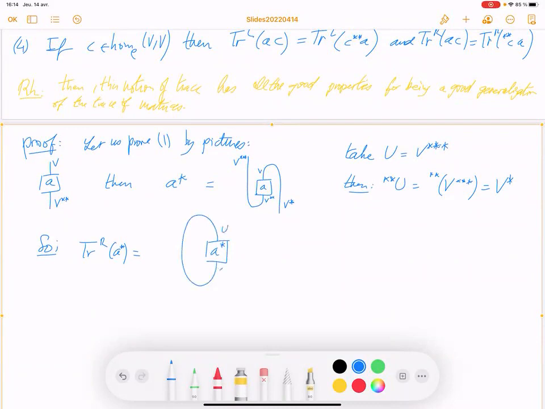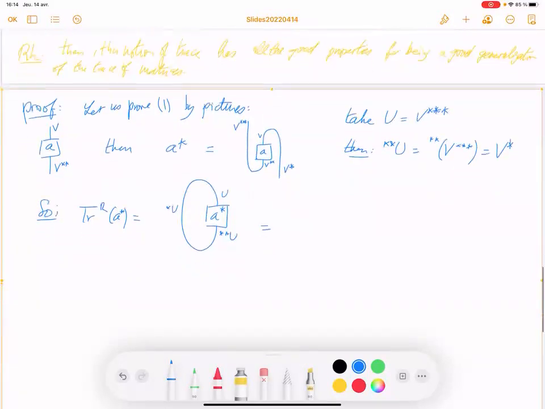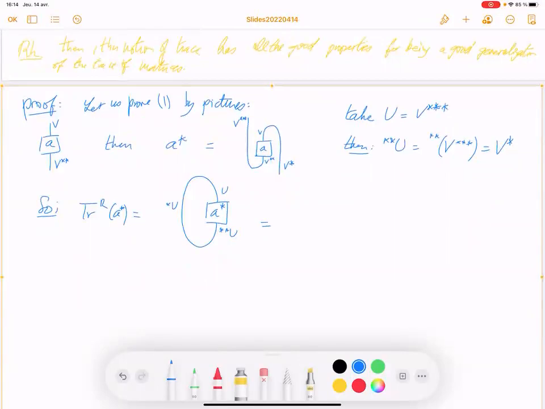So U double star, U star, U. But this is equal to, so now you can write A star. You can put this in this box, and what you get is the following.